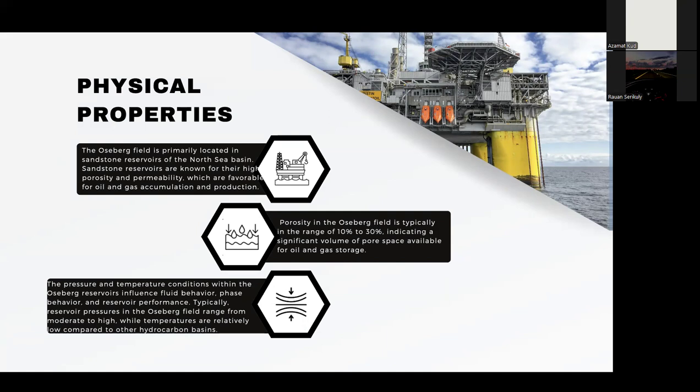This Oseberg formation exhibits similar characteristics to the Statfjord formation, and it has a porosity ranging from 15% to 25%, and permeability from 50 to 500 millidarcies.